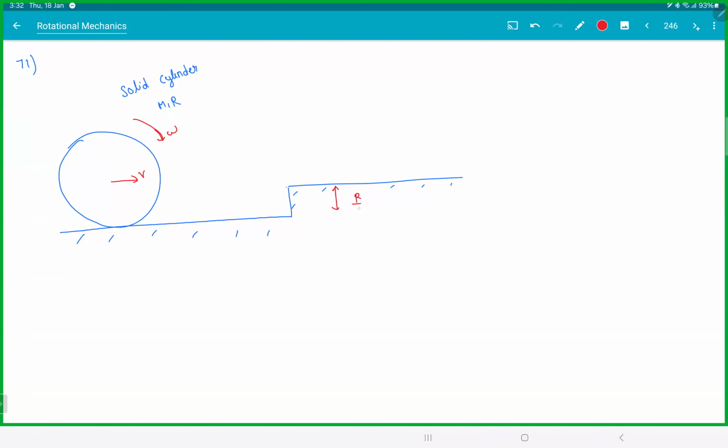Take it as R by 2 will be too big, I guess. Okay, we'll take it as H. And e is equal to 0.